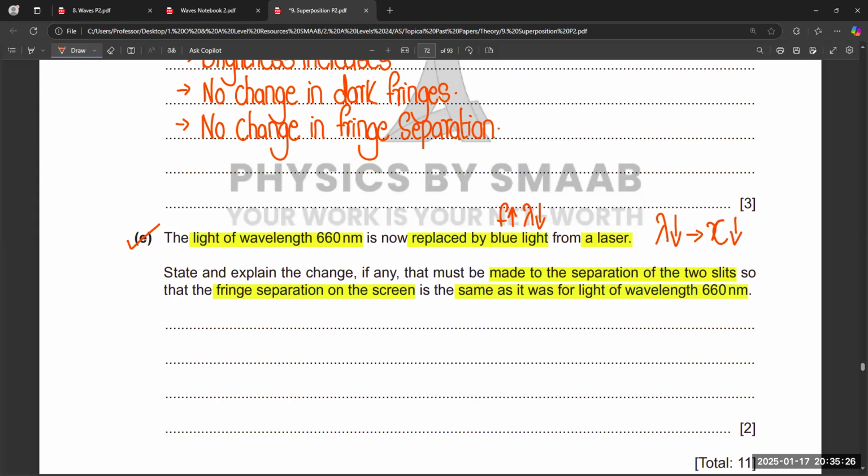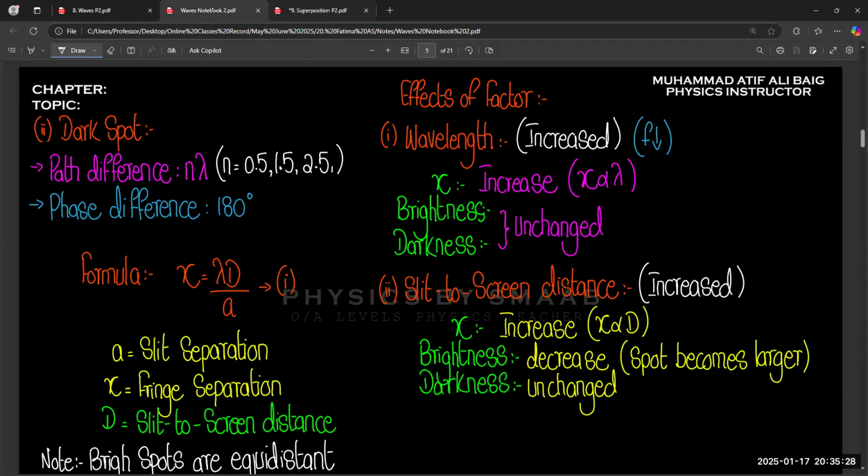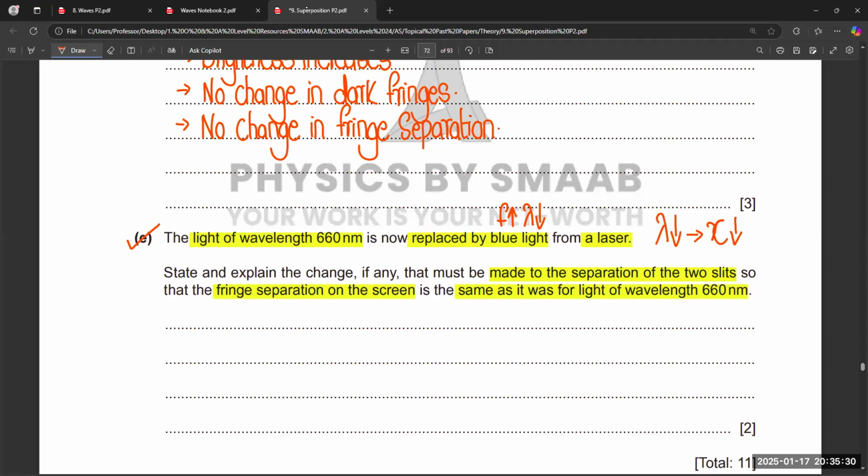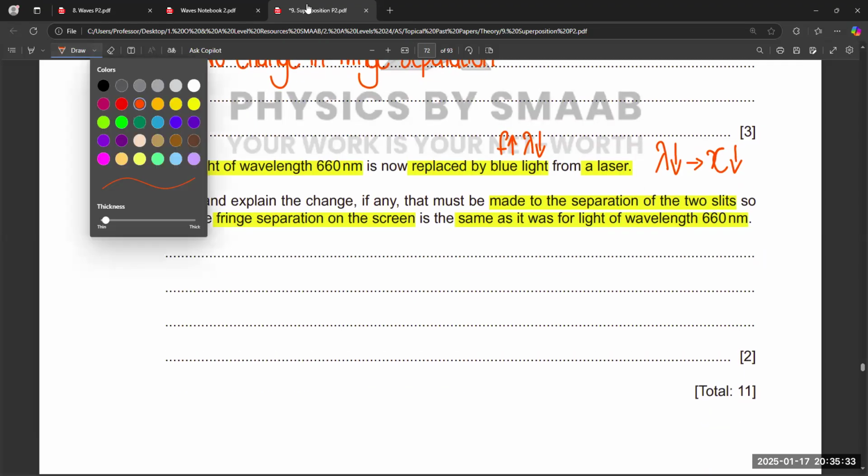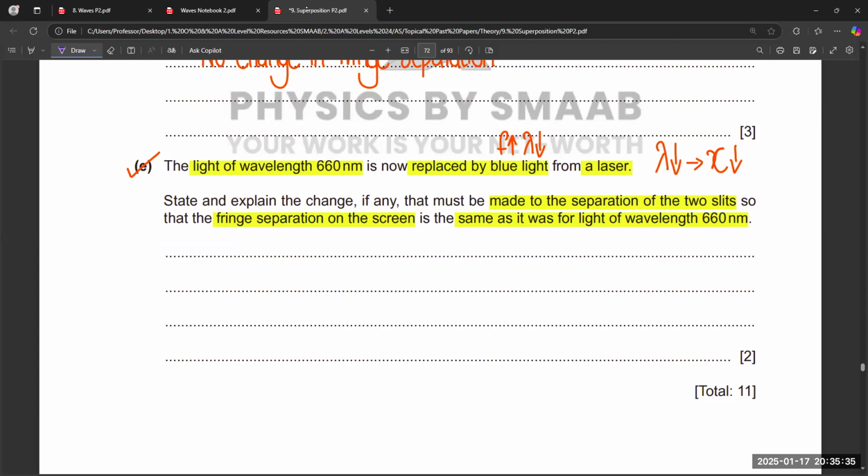This is the concept. According to the formula, you can see X is directly proportional to lambda. So the value of X decreases. Now we need to make it the original previous value.